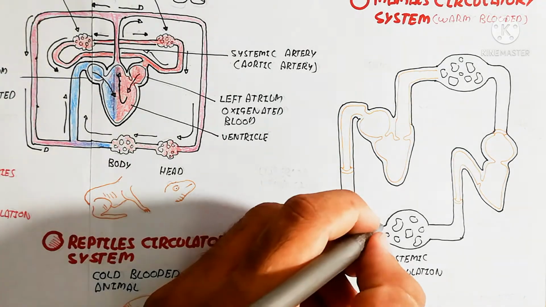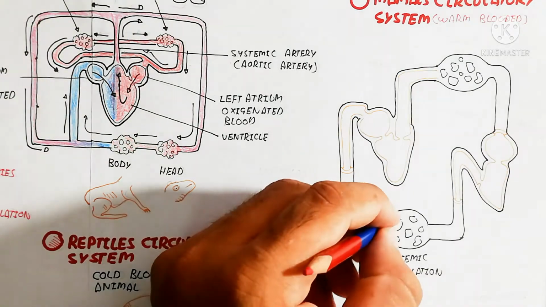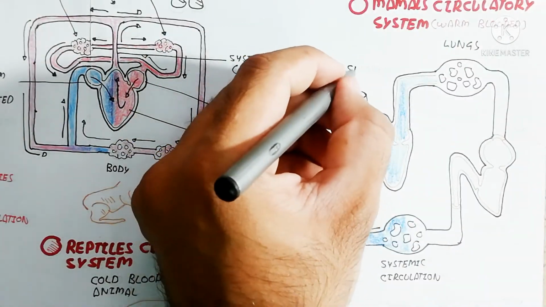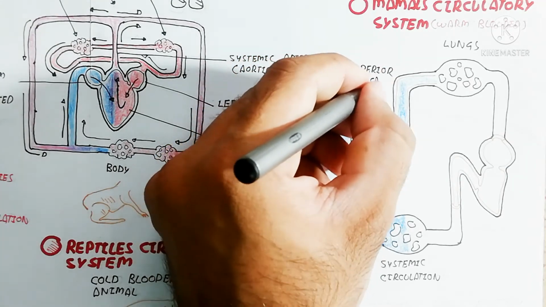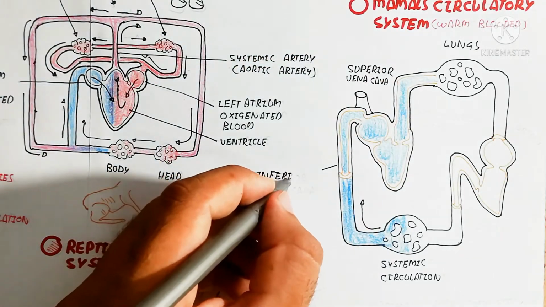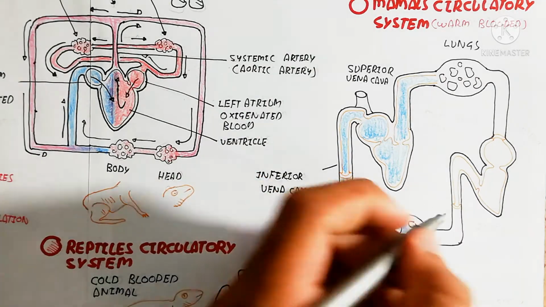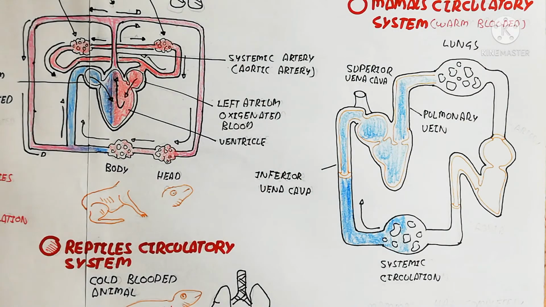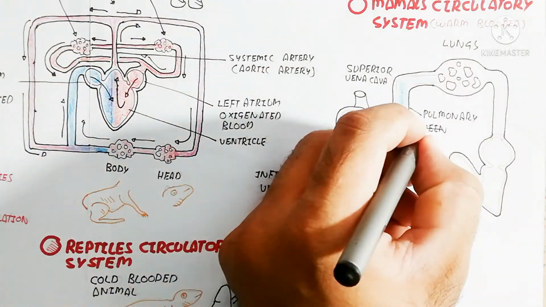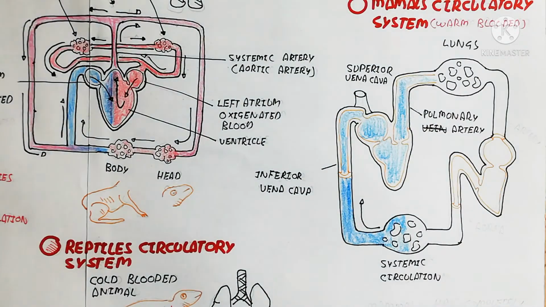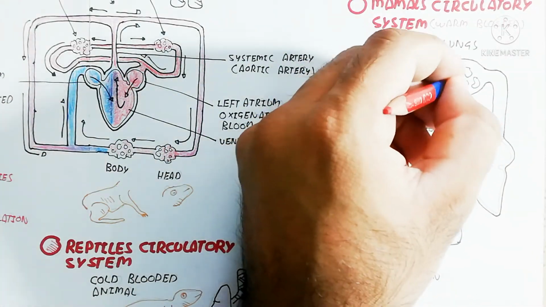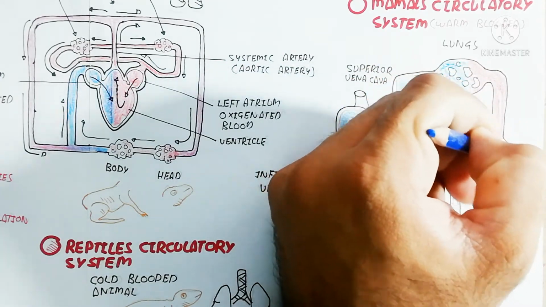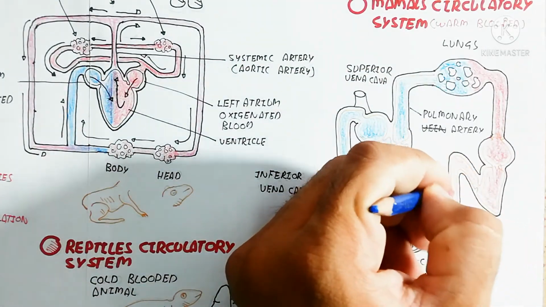In the case of the mammal circulatory system, the right arch disappears, and that means the heart is completely separated into a 4-chambered heart. The 4-chambered heart looks like this, and its map is like that. In the systemic circulation, deoxygenated blood moves into the right atrium to the right ventricle, and then goes into the pulmonary artery to the lungs. That is the pulmonary circulation.